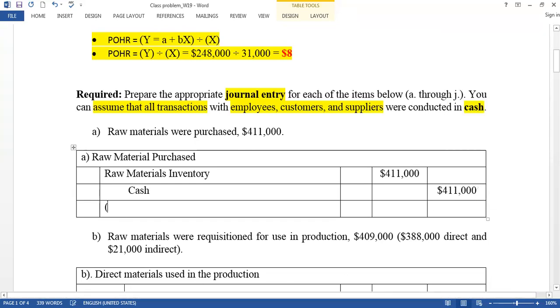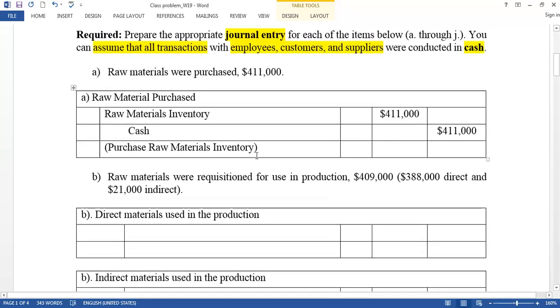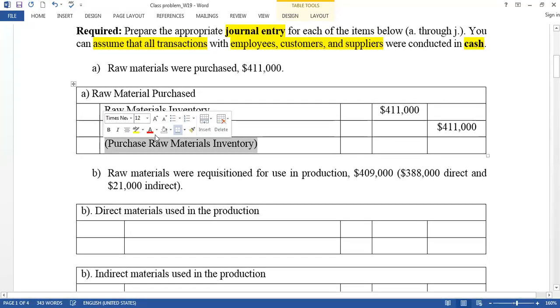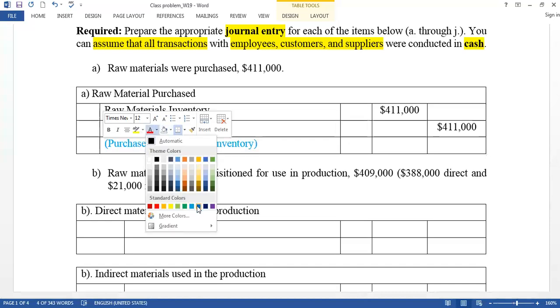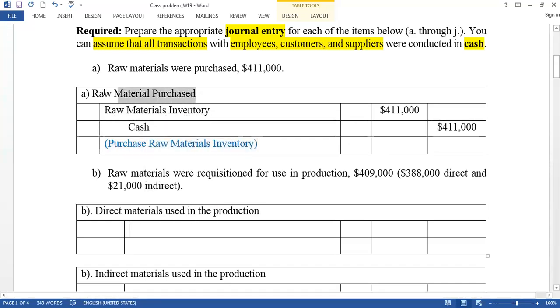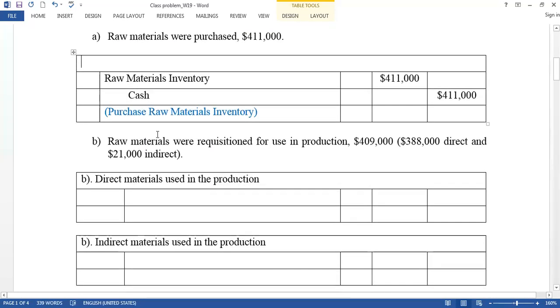Now we have to write a narration: purchase raw materials inventory. For every transaction you should write the narration. So the first one is done. We purchase raw materials, we write the journal entry: raw materials inventory debit, and we pay cash credit.